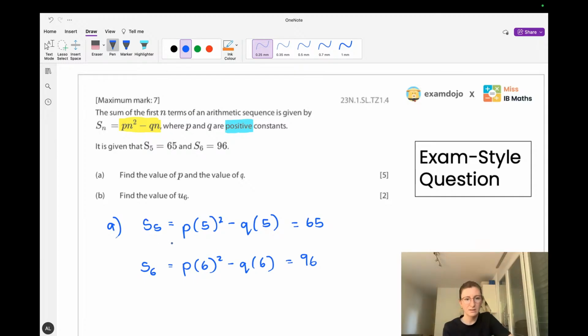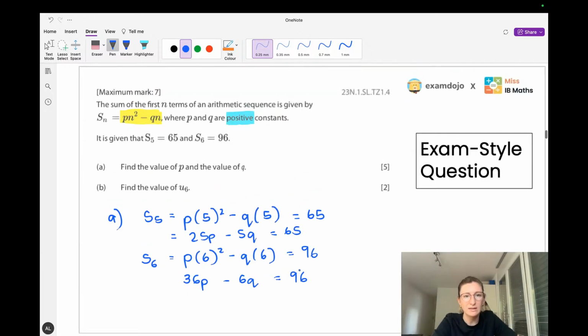All right, let's simplify these. So I have 25p minus 5q equals 65, and 36p minus 6q equals 96. All right, and we're going to need to solve these simultaneously. What number can I multiply by to get these coefficients the same?